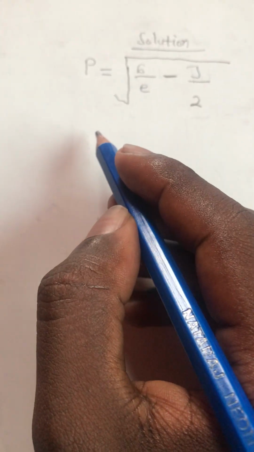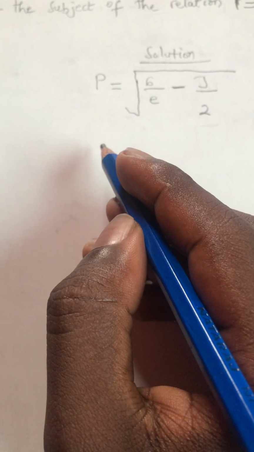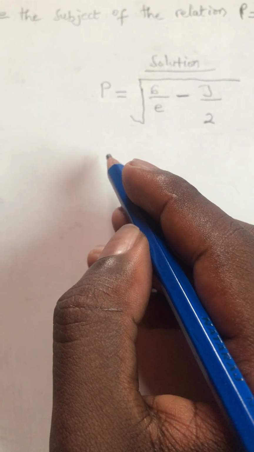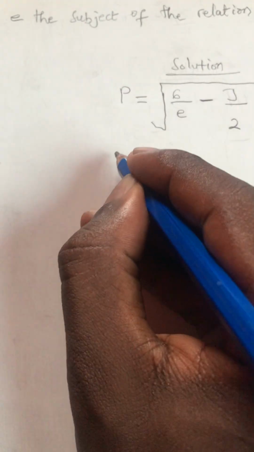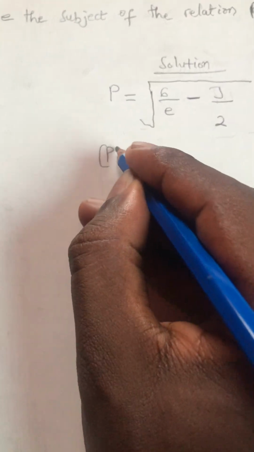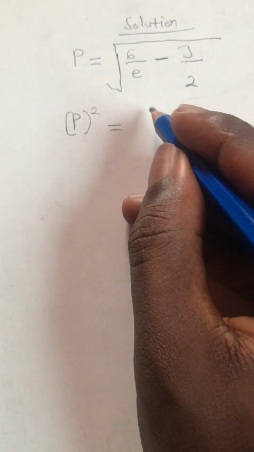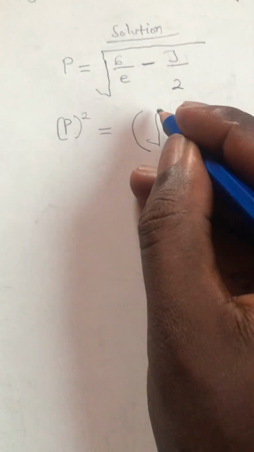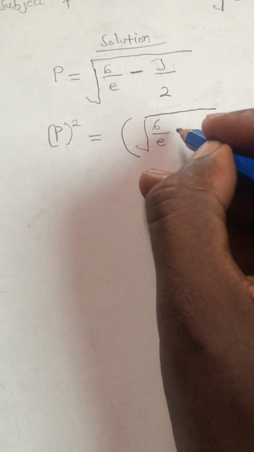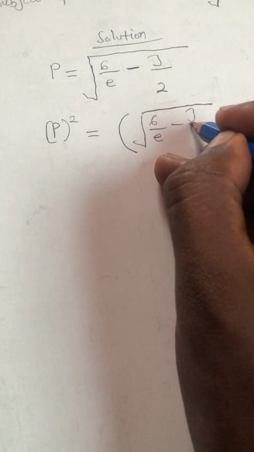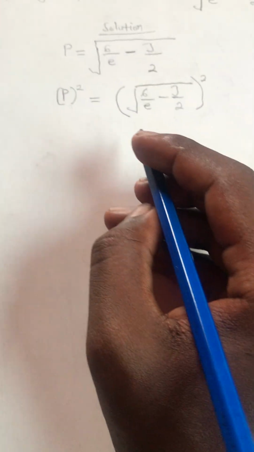Whenever you have a square root, what you have to do first is to square both sides of the equation. So in doing so, we square P, P squared, equals the square root of the fraction 6 over E minus the fraction J over 2, all squared.